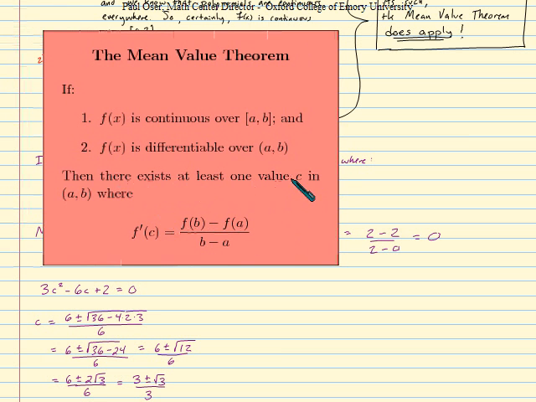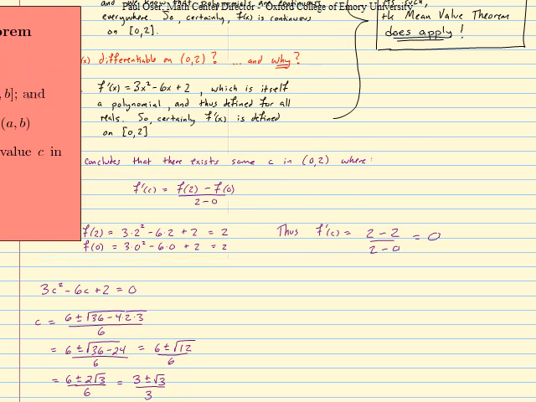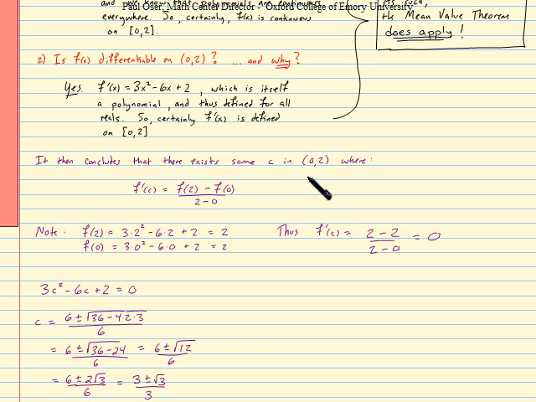There exists at least one value of c where all this is true, where c is in the open interval from a to b. I need to make sure, if I'm going to report this as a point guaranteed to exist by the mean value theorem, that the x values I'm looking at are actually between a and b, or for us, between 0 and 2.